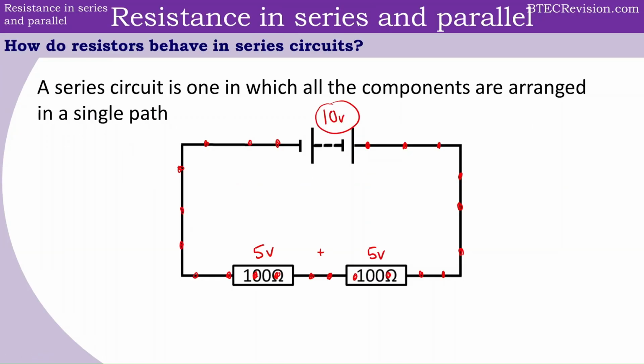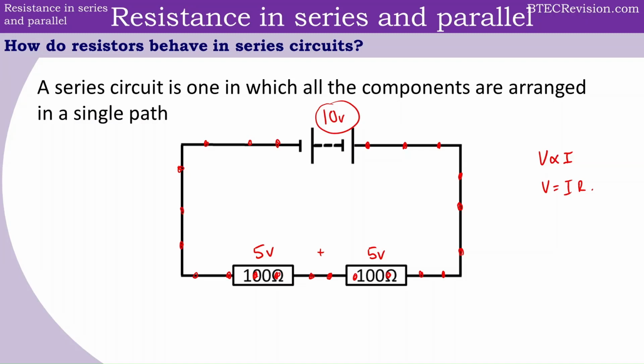Coming back to our previous example here, we can link in a previous lesson on Ohm's law. And if you remember, that's V is proportional to I. If we multiply this by a constant, we get the equation V equals IR. So we can also use this in our lesson on resistance in series and parallel. Now, looking at these values, we've got 10 volts for the battery, and we have 100 ohms and 100 ohms.